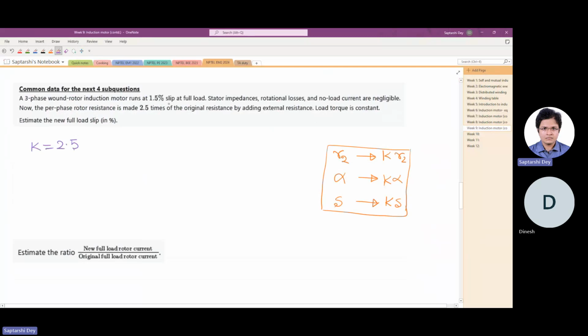Previously the full load slip occurred at 1.5%. So S was 1.5%, so S prime will be Ks, that is 3.75%. We just used a relation that we have already derived before.